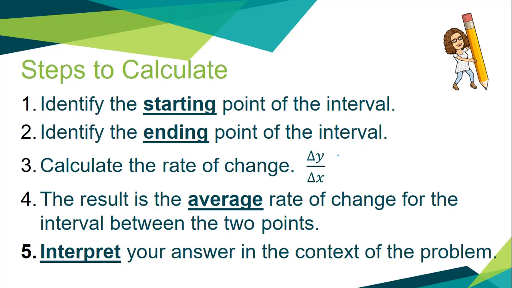So basically you want to determine what's the change in the y and what's the change in the x. All you're doing is finding the difference of the y's over the difference of the x's. Another way to look at it is the rise over the run. Okay? The result of your rate of change is the average rate of change. It does not mean it's the same every time. And then what we're going to do is interpret in the context of our problem.